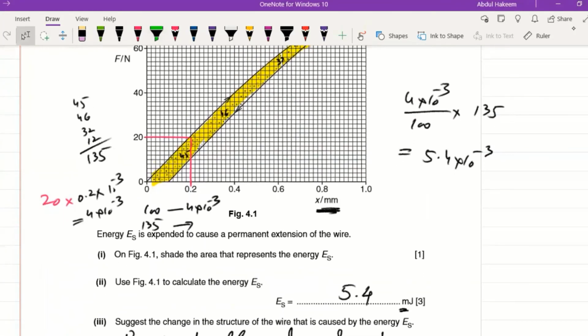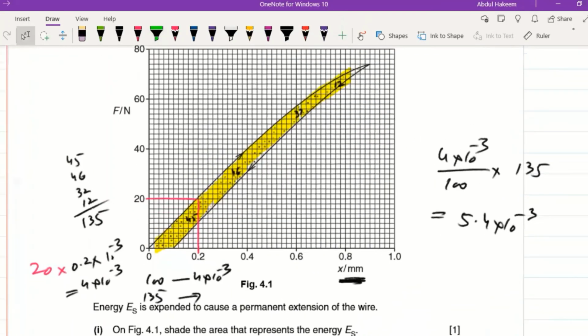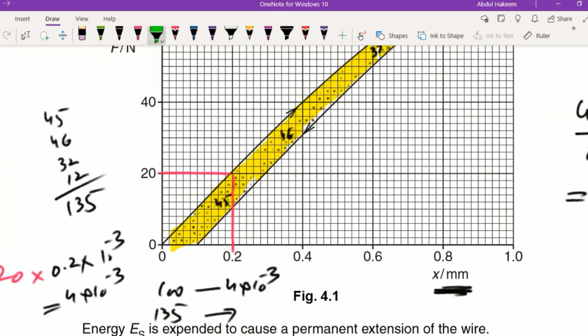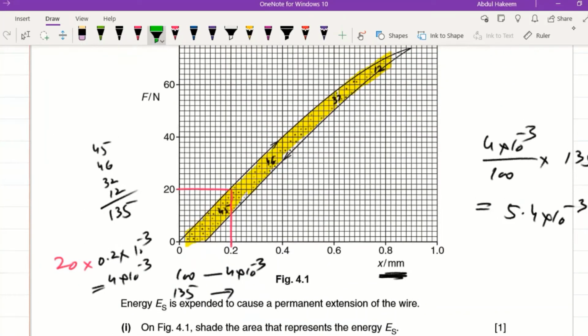Then the question is, calculate this energy. So first we have to calculate the area represented by the large square. This large square has 100 boxes and its area is 20 multiplied by 0.2 millimeter. So the 100 boxes area is 4 × 10 power minus 3.